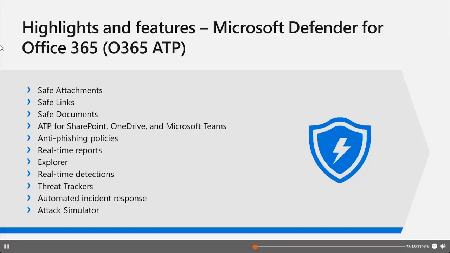We have the capability to automate investigation processes. And we have the attack simulator, which lets authorized users run realistic attack scenarios in your organization. There are different things available like a spear phishing attack, a password spray attack, or a brute force password attack, in this example.